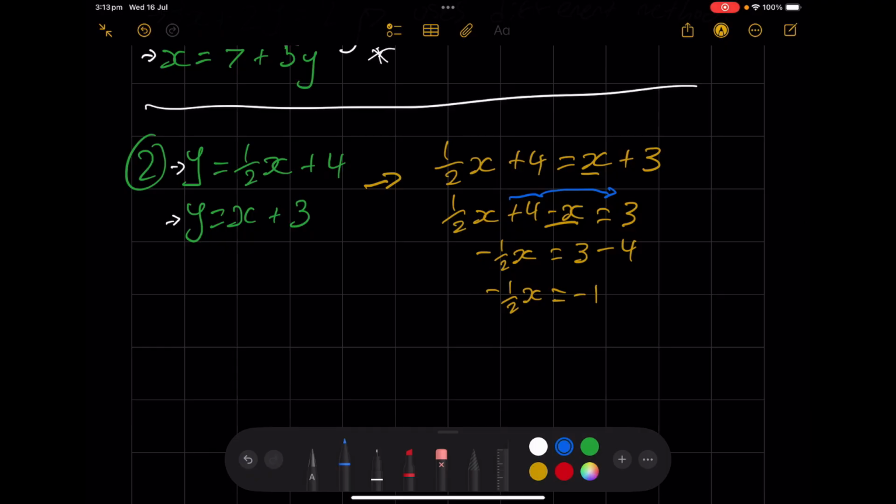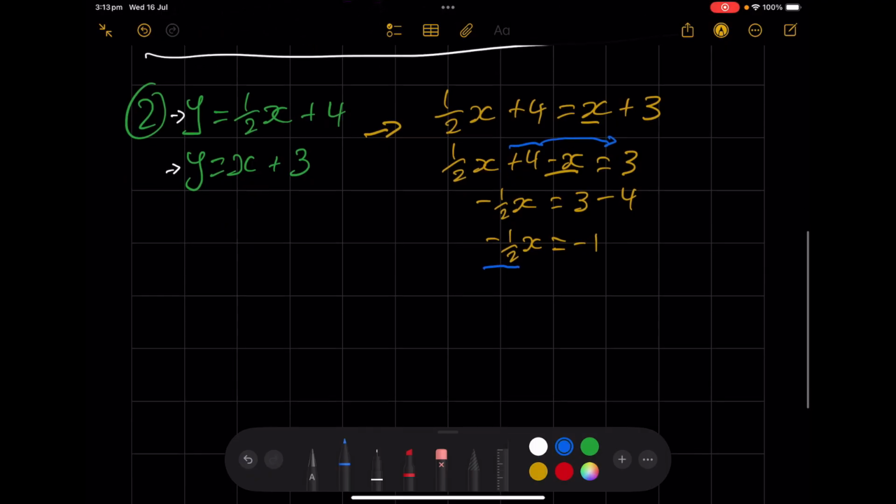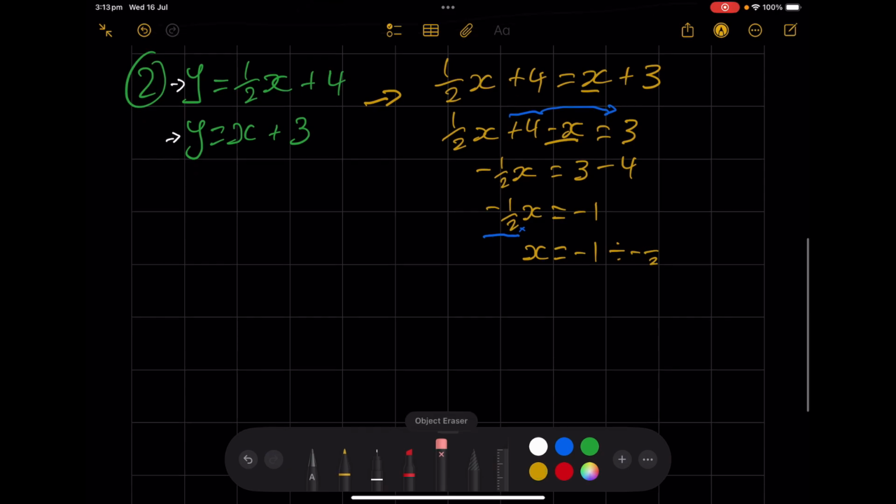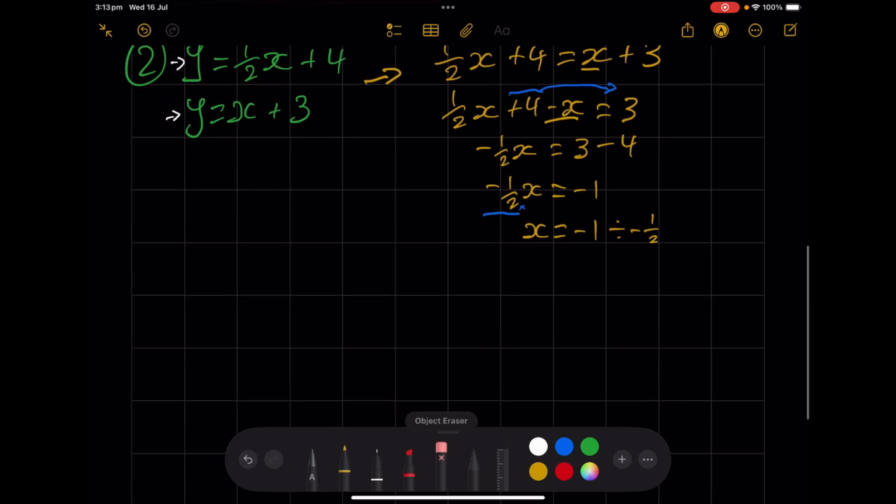I want to get rid of this negative 1/2. And what is it doing with this x? It is multiplying. So that means I'm going to divide on the other side. So I will do x on its own here, negative 1 divided by negative 1/2. And if you put that in your calculator, x is equal to positive 2.